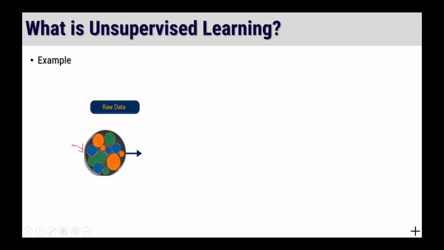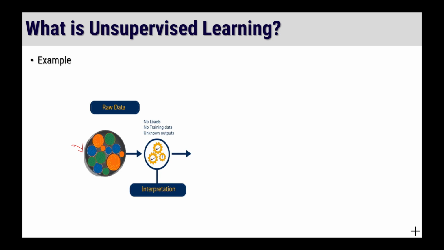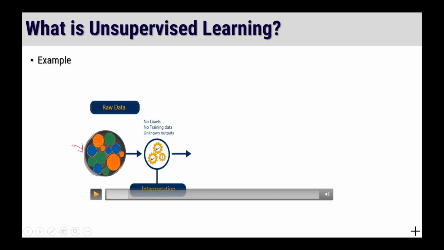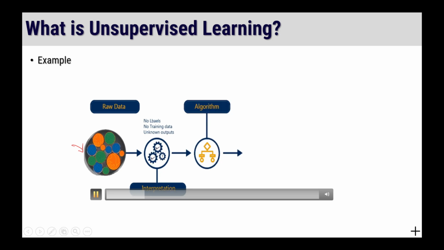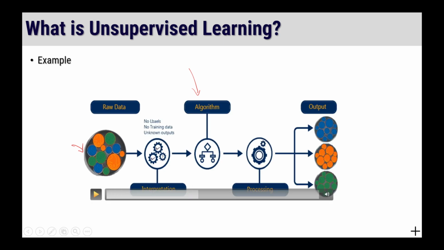Now, this unlabeled data or the raw data is given to the unsupervised machine learning model. The model will try to find hidden patterns or similarities, and then it will group them into clusters.